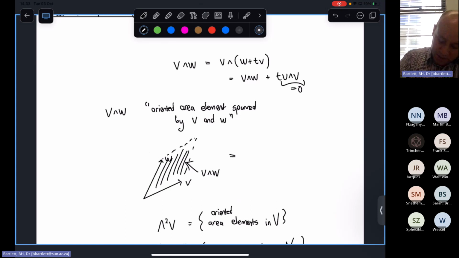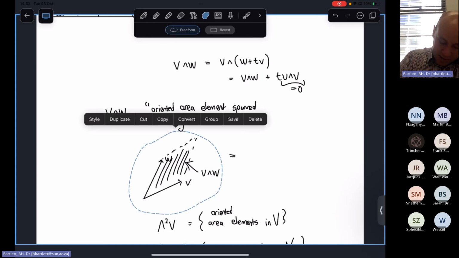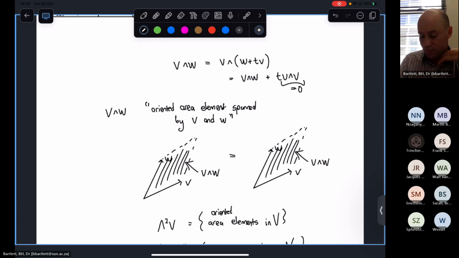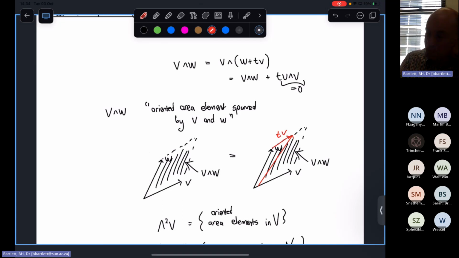So in other words, if I were to take this area element and then add on to W some components in the direction of V, so I've added on here a TV component, that means the new W is this. And so now I'm talking about this area here. This area here is going to be V wedge (W plus TV).